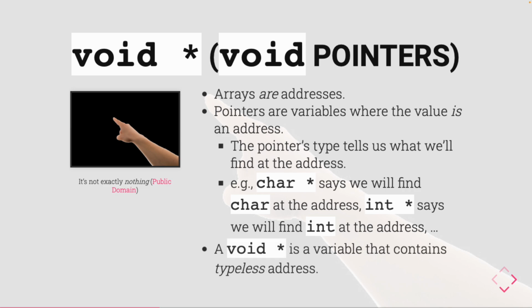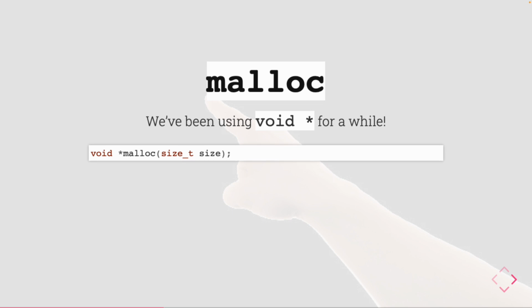A void pointer throws that bit of information away. It's a typeless address. It's just an address. It points somewhere in memory, and you have no idea what it's pointing to. And you've been using them for a while. Malloc returns a void pointer. In hindsight, this should make sense because of how we've been separating interface from implementation.